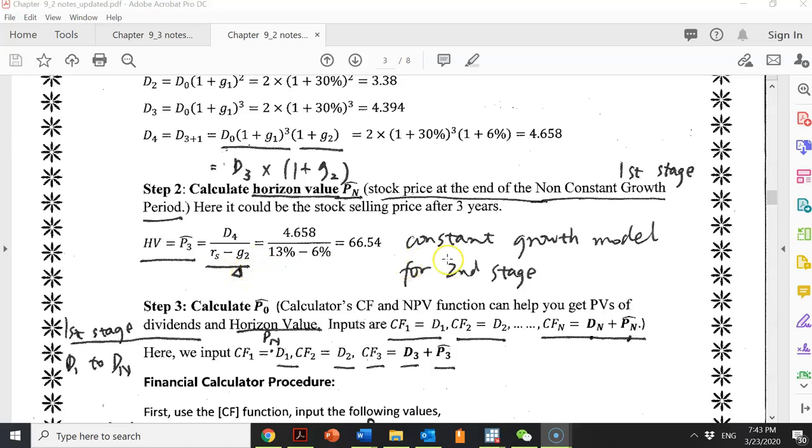Okay, we use the constant growth model for the second stage. D4 is 4.658, calculated already. Divide by R, 13% given, minus 6%, G2 in the second stage. Okay, so we have horizon value P3 as 66.54.